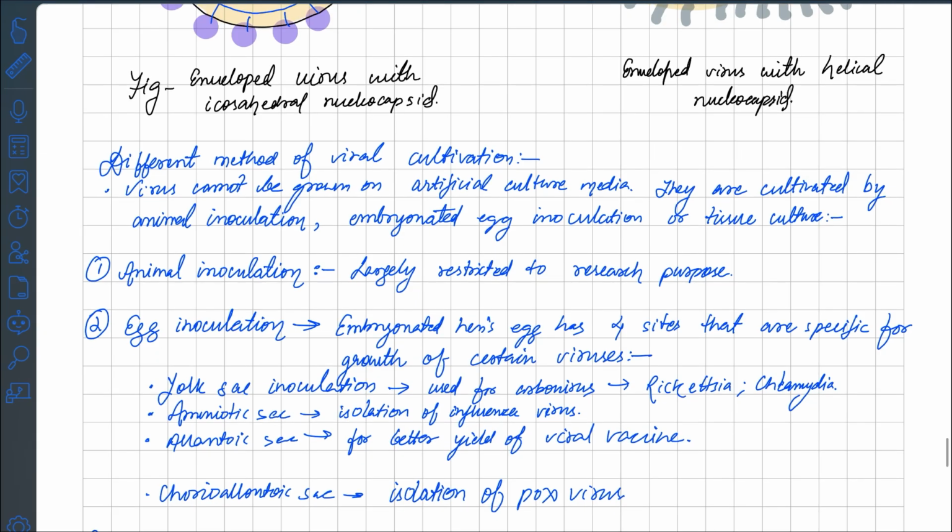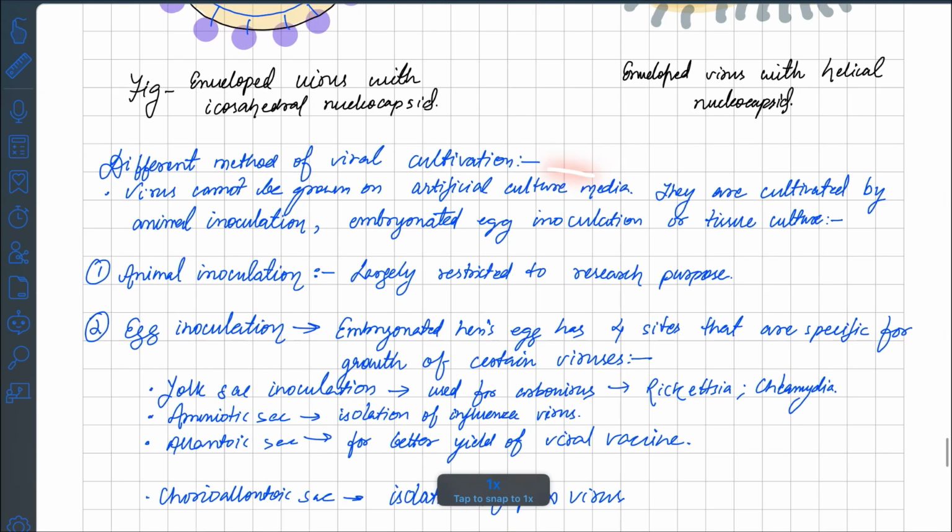The viruses cannot be grown on artificial culture medium. They are cultivated by animal inoculation, embryonated egg inoculation, or tissue culture. First, the animal inoculation. They are largely restricted for research purpose.